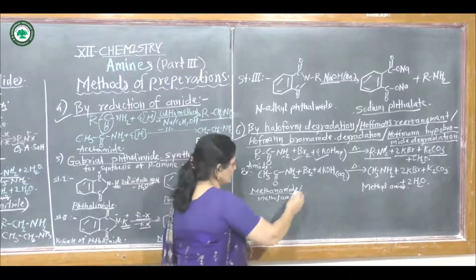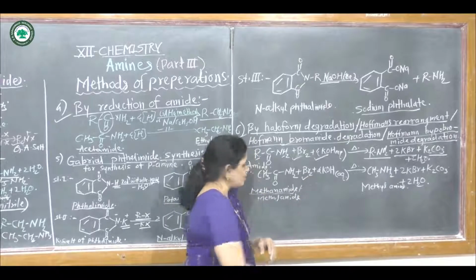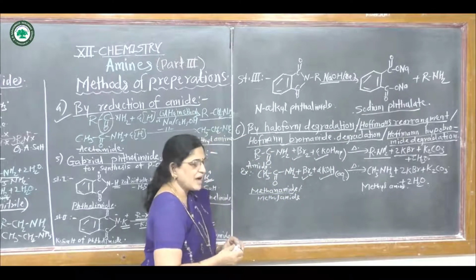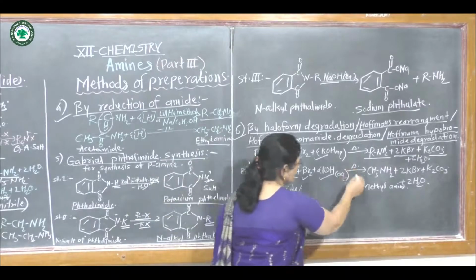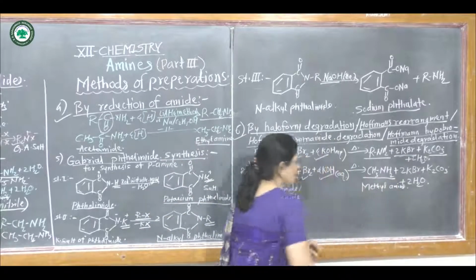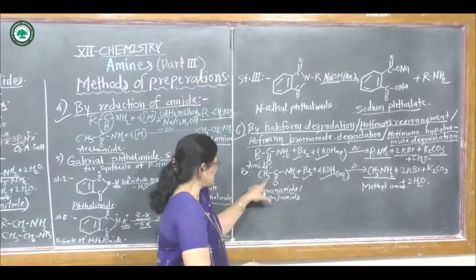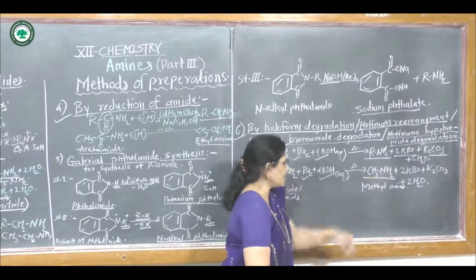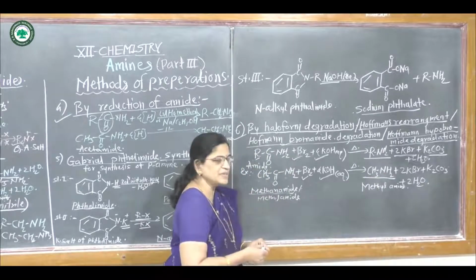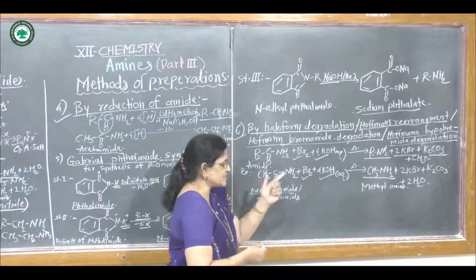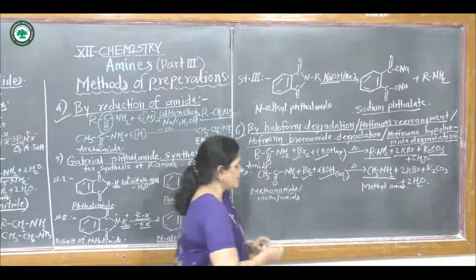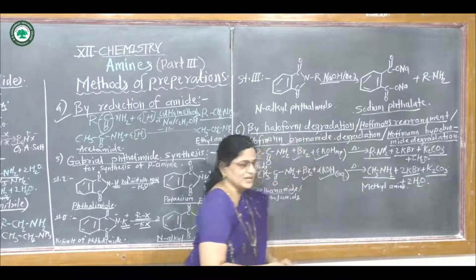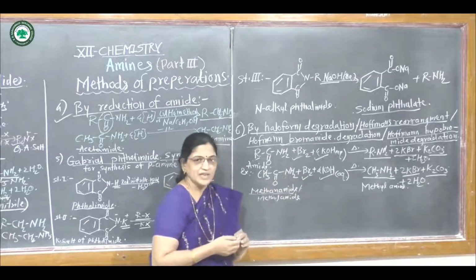If this reacts with bromine and aqueous potassium hydroxide, then on heating it forms CH3NH2, that is called methylamine, plus twice KBr, potassium bromide, and potassium carbonate. In this way, it forms methylamine.